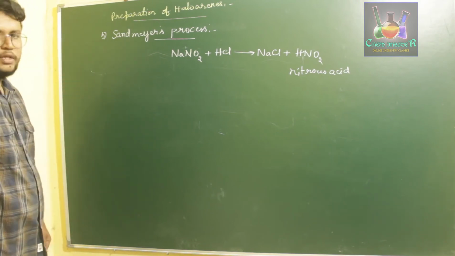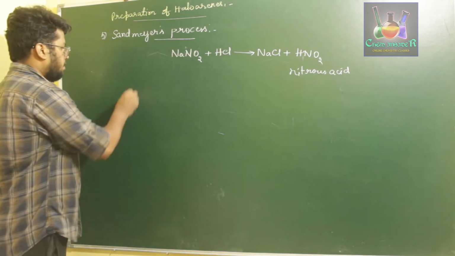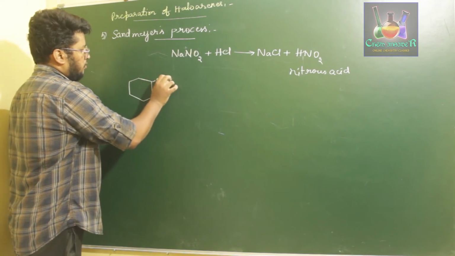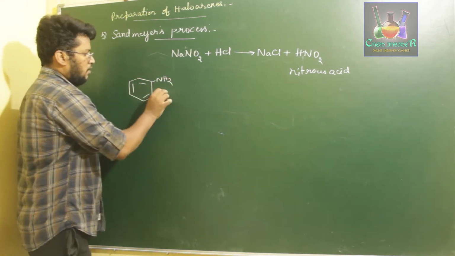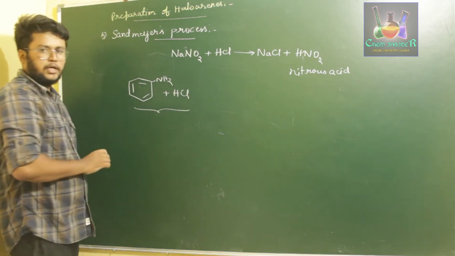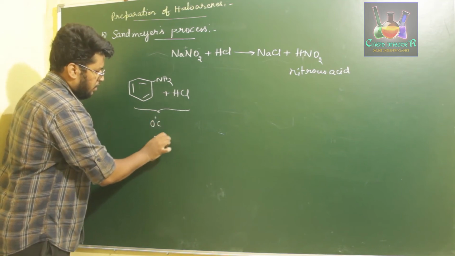So instead of directly treating these two, first we treat our aniline with HCl and bring them to a cold condition, that is about 0 degrees Celsius or nearly 273 Kelvin.